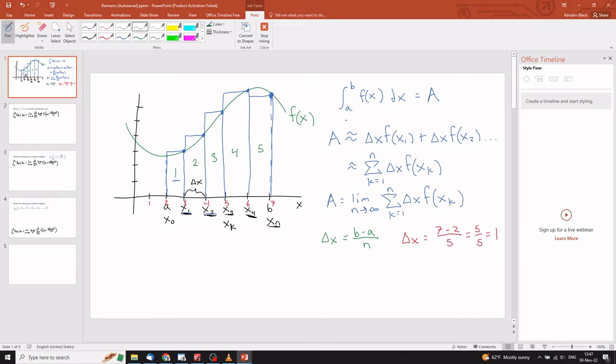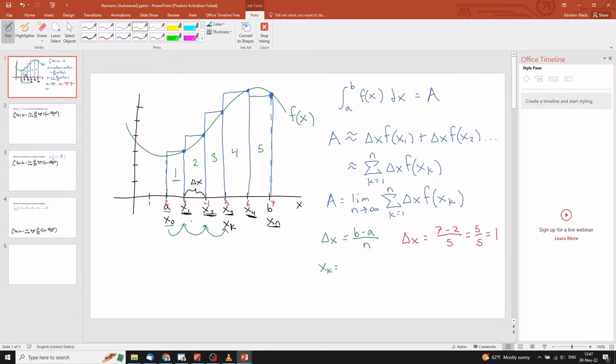Now let's take a look at x sub k. Okay, the idea here is we start at x sub 0, which starts at a, the lower bound of our interval, and we go up by 1 delta x each time.